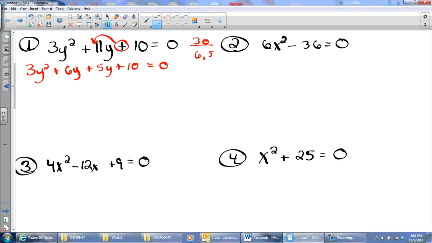Okay, I'm going to go ahead and do my grouping thing. Going to grab that sign. Got a plus in there. And I'm going to factor out a 3y, right? So I'm going to have a 3y and y plus 2 will be left.